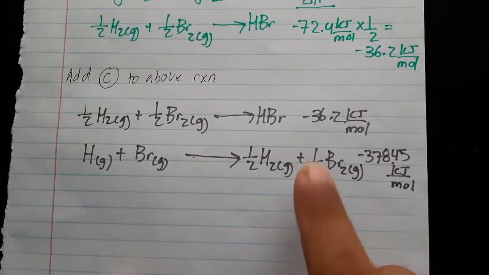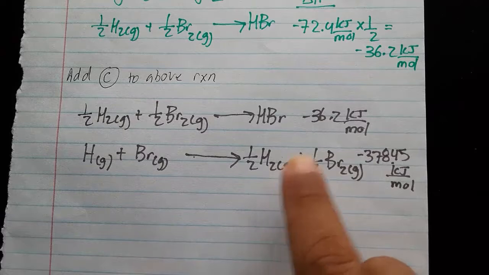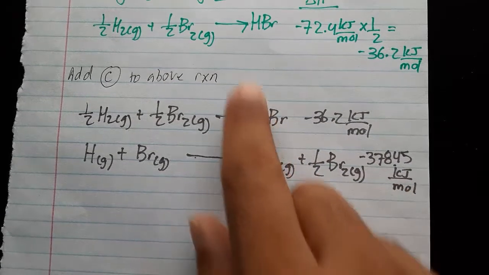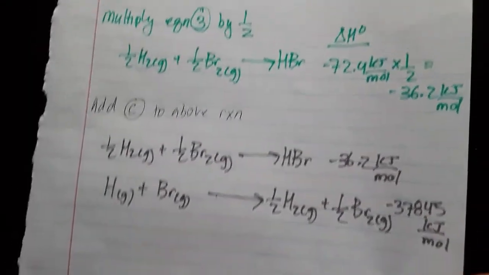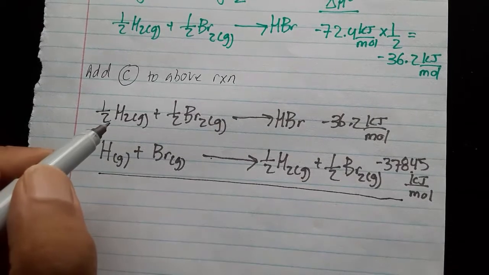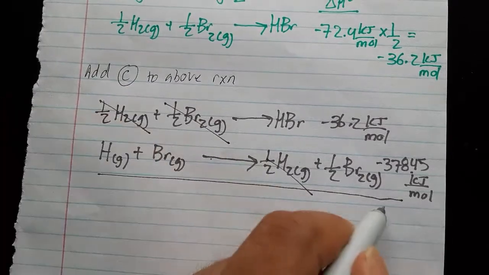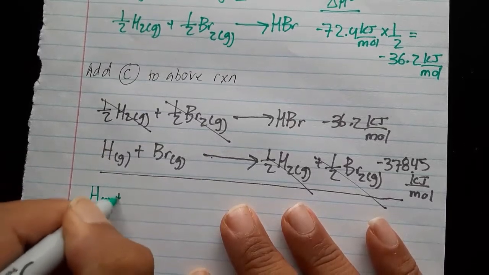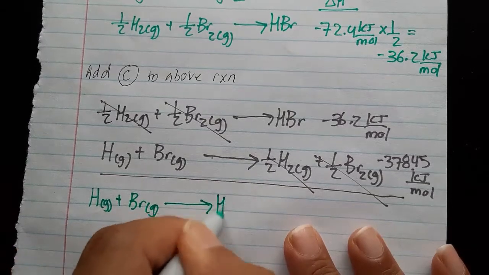Here's our reaction from adding A plus B, which was C, with minus 378.45 kilojoules per mole. Here's the reaction we just generated by manipulating the third equation. Let's add these two up. You notice that when we add these two up, the half H2 and half H2 cancel, and the half Br2 cancel. We are left with H gas plus Br gas goes to HBr.